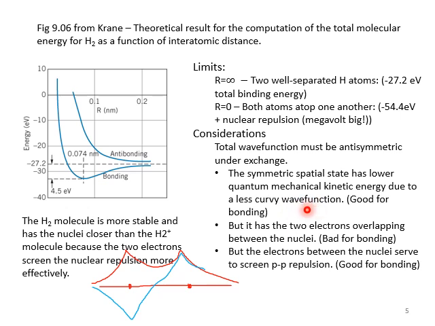That's good for bonding. It has the two electrons overlapping between the nuclei. That's not so good. But having the electrons between the two nuclei helps to screen the charge of this nucleus from the charge of that nucleus, so that's good for bonding. Overall, it turns out that the symmetric state wins because its kinetic energy is lower.